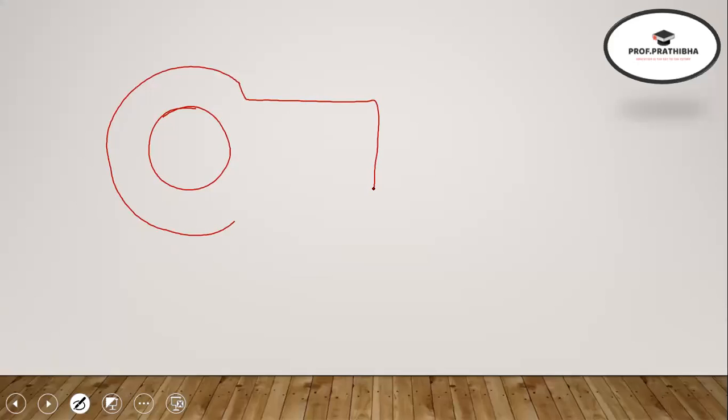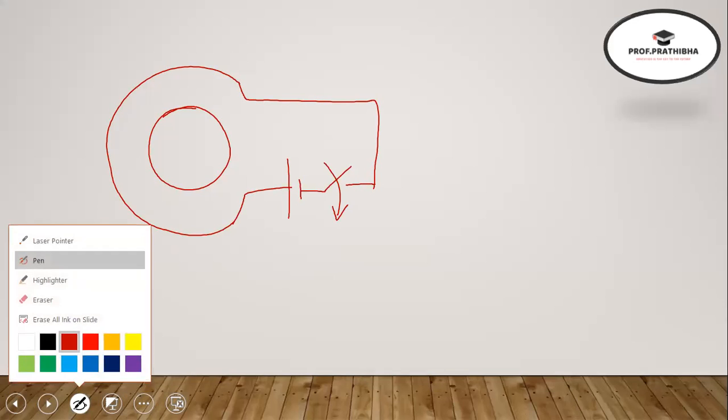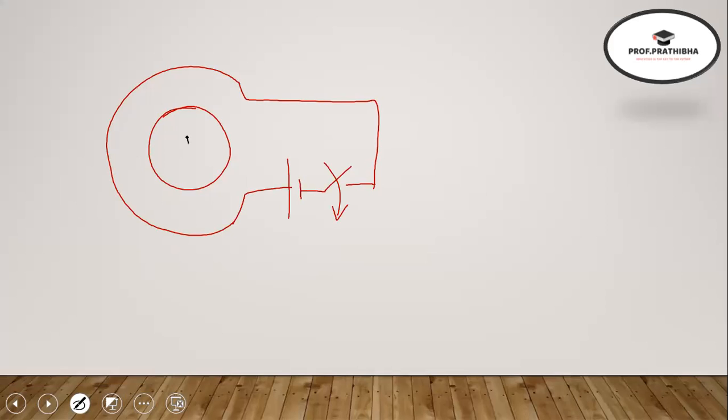Now, suppose I have a coil here and another coil here, and I connect this entire setup to a battery and a switch. There is a switch here. This is my Q coil and this is my P coil. There are two coils which are coaxial, concentric.